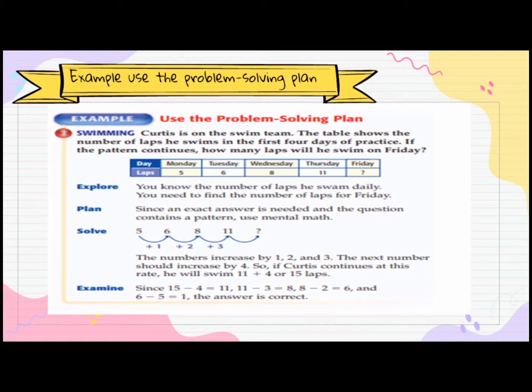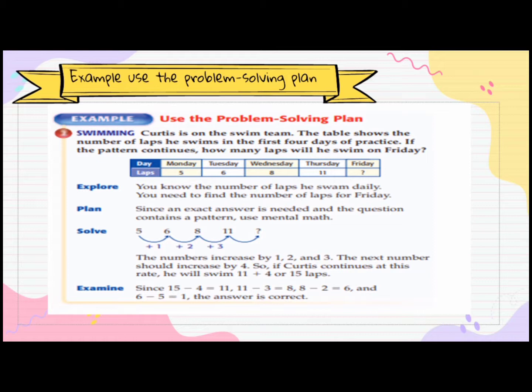Nah, di bagian explore-nya, you know the number of laps he swam daily. You need to find the number of laps for Friday. And plan, since an exact answer is needed and the question contains a pattern, use mental math.